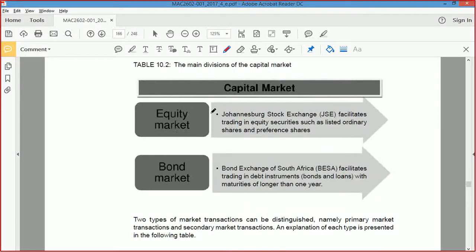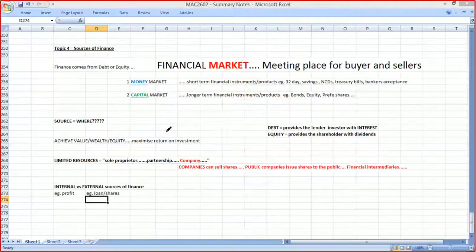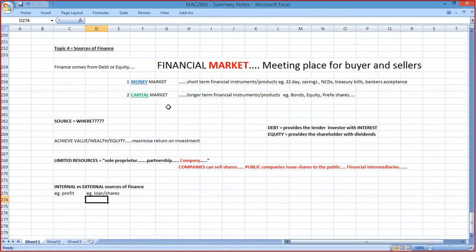Okay, capital markets. If I'm looking at the capital market, there are two different varieties. You can either go equity or you can go bonds. Those are two different items that'll be considered long-term or short-term.